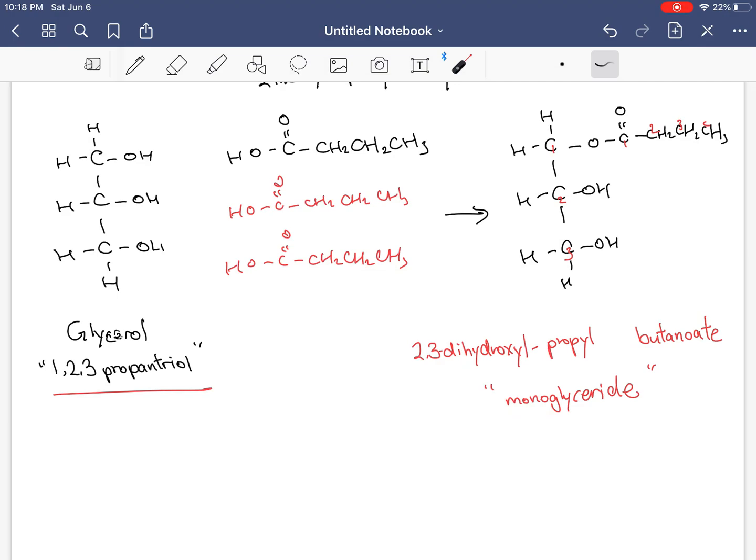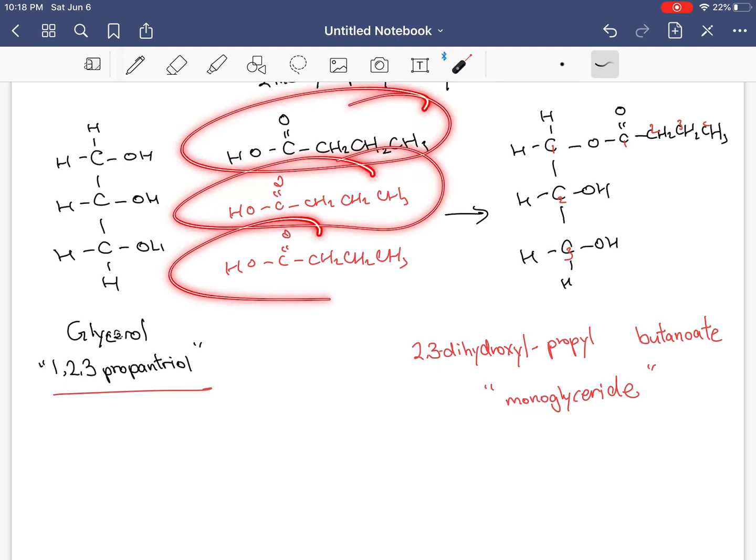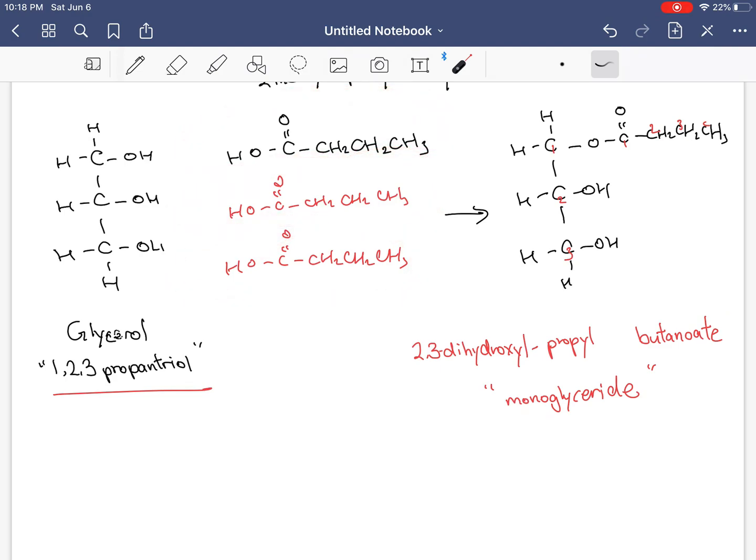All you have to do is name these fatty acids. Every fatty acid has its own name, and you would name them alphabetically, and that's it. It's pretty simple to name these triglycerides or diglycerides. In terms of this, we can still name it with IUPAC as just a monoglyceride.